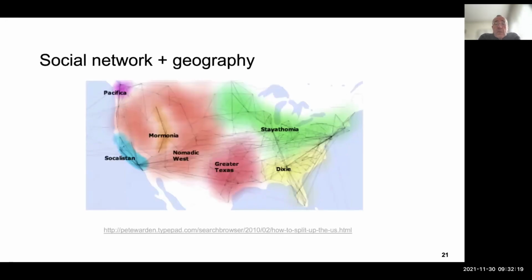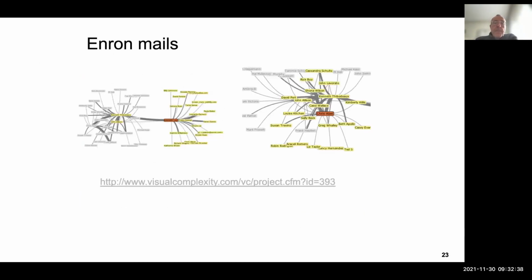You have also examples about geography. Now I am moving towards examples of data that may be of your interest, but it is not the only idea. This is just because social network is an increasingly attractive solution for visualization.